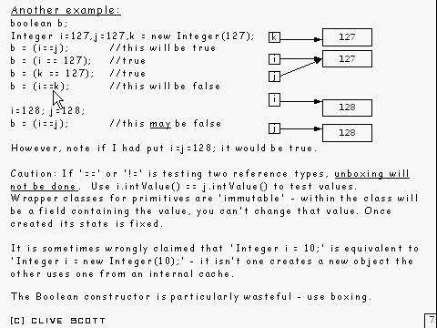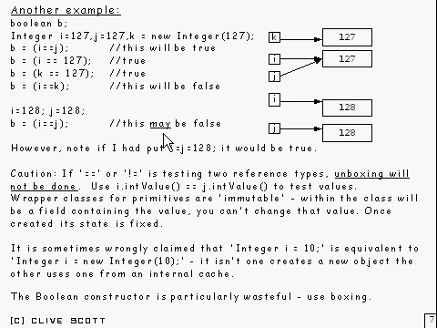You've got to be very careful with equals and not equals as well, because in this instance it's looking at references, while in this instance it's going to unbox and look at the values. So let's have a look at this. If you do i = 128, j = 128, and say i == j, that may or may not be false.